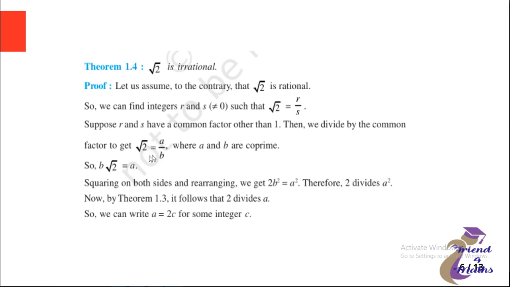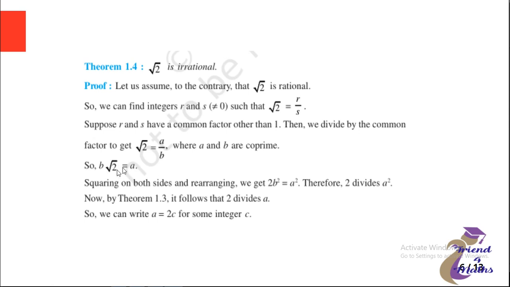Here root 2 is equal to a by b. This a and b have no common factors other than 1, that is, a and b are co-prime.